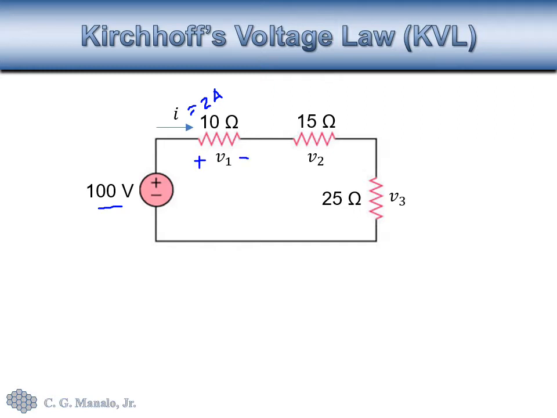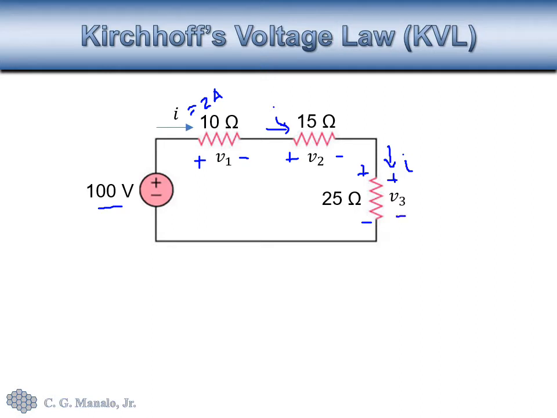For the 15 ohms, since the resistors are all in series, this is also I here. So this is also positive since the current enters on that side, and this is negative. Also, this is I here, and therefore this should be positive here and negative here. So V3 should be positive here, negative here.